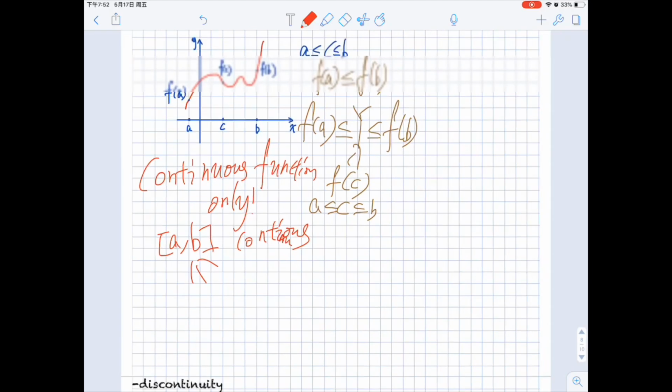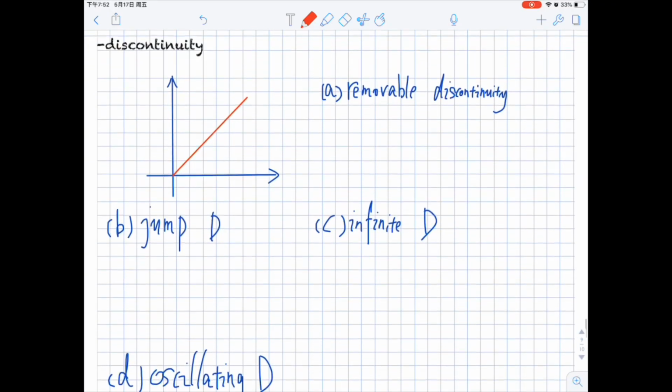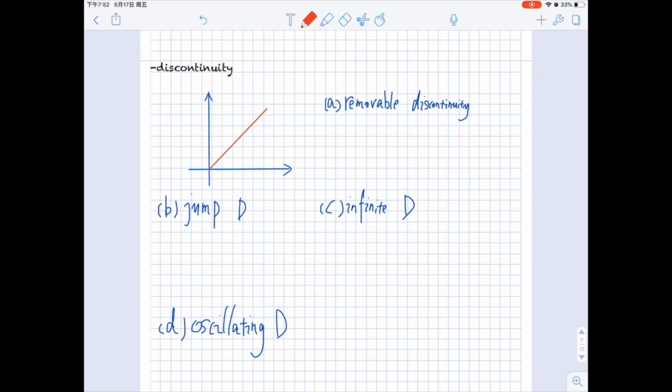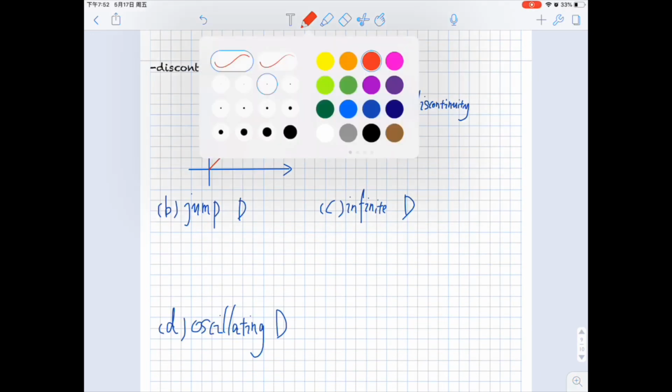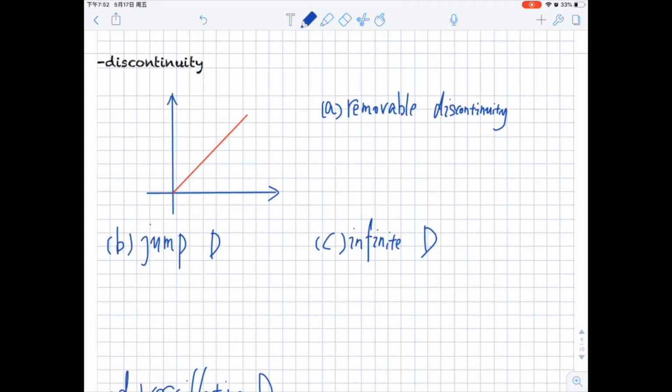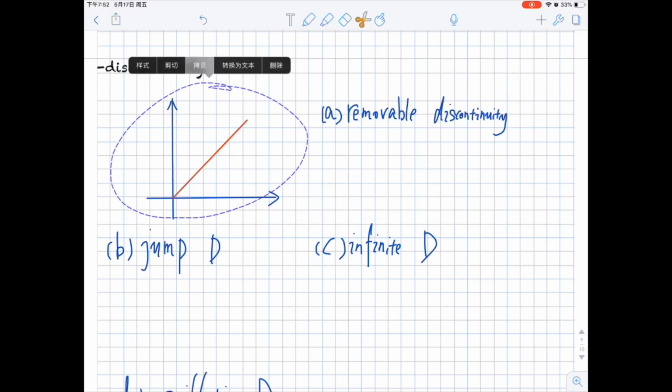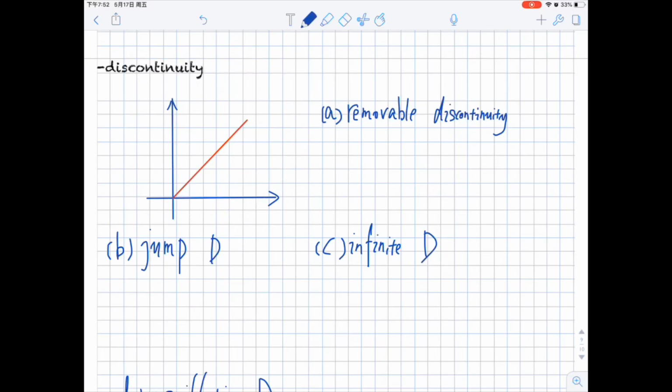The last part is discontinuity. There are different kinds of discontinuity. The example here is continuous. Let's try to change this to a discontinuity.